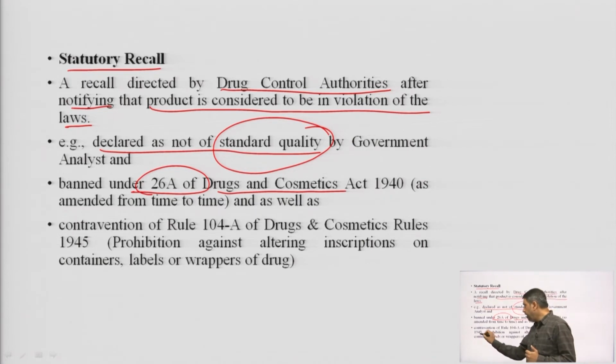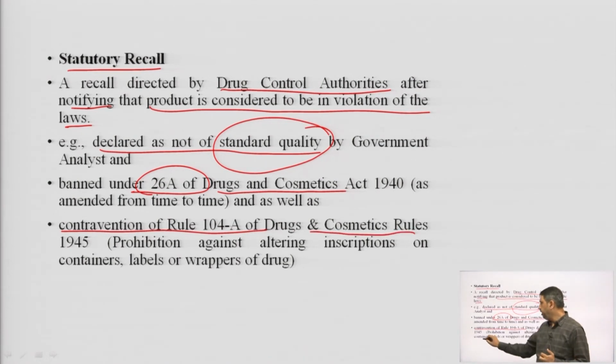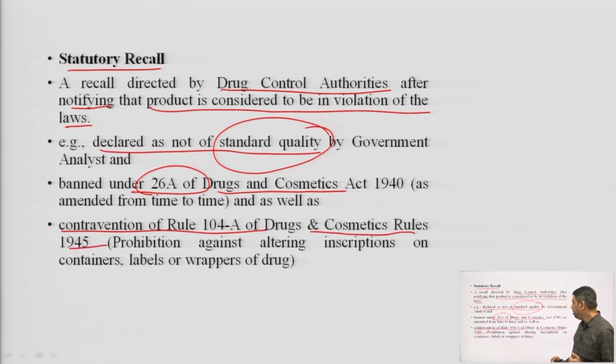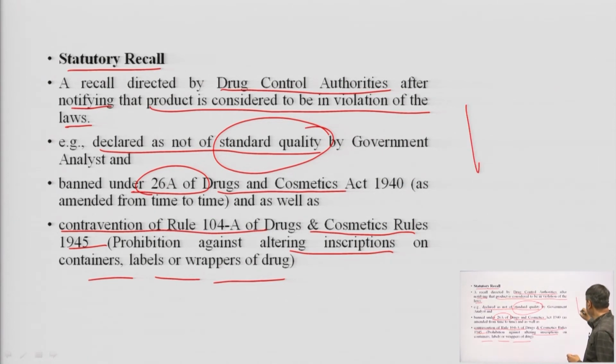Now, there may be a case of contravention of rule 104A of the Drug and Cosmetic Rules 1945, that is, prohibition against altering inscription on the containers, labels or wrappers of the drug. Suppose there is a label of any drug on which a third person starts putting their own label illegally and starts selling in the market.